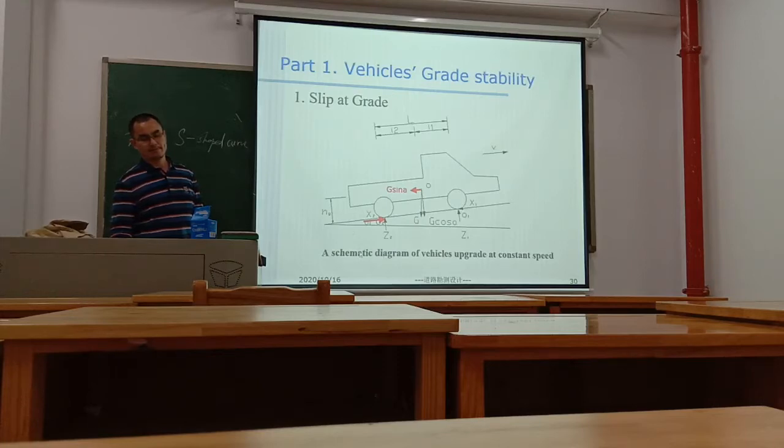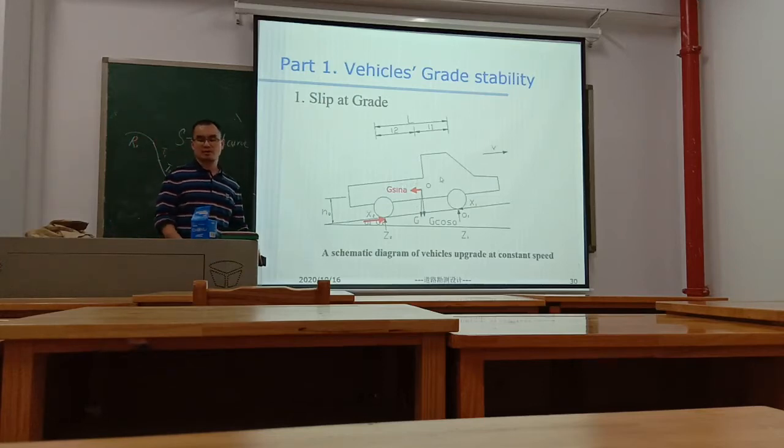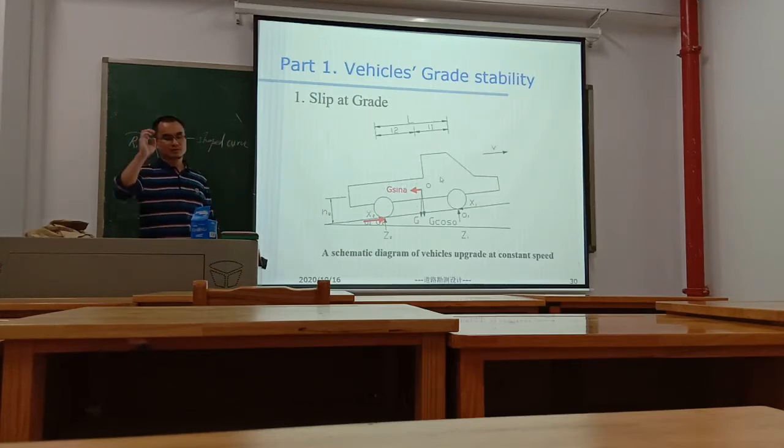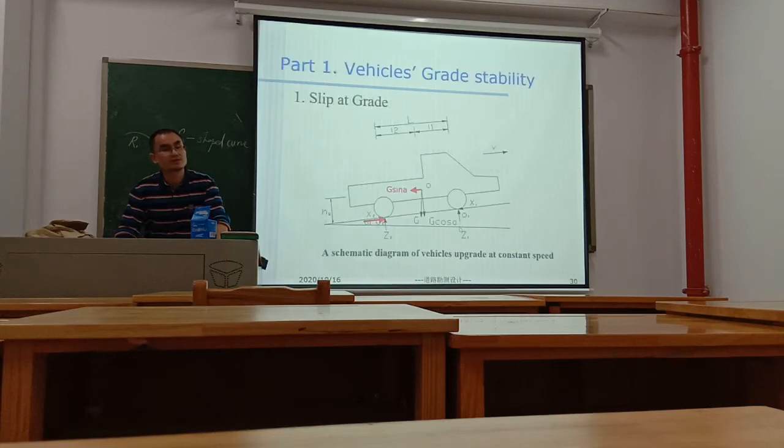This is a schematic diagram of vehicles going uphill at a constant speed. G is gravity. Z is support force.